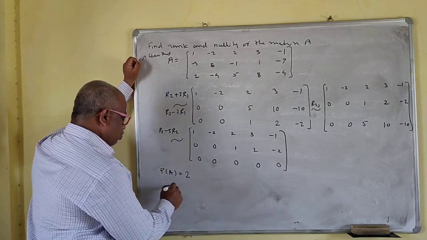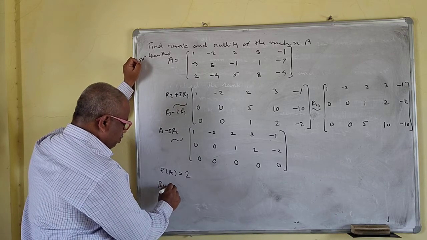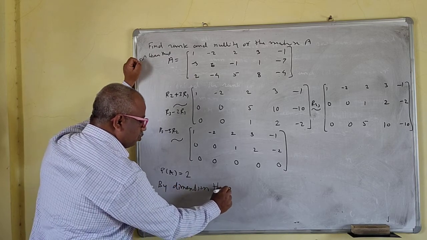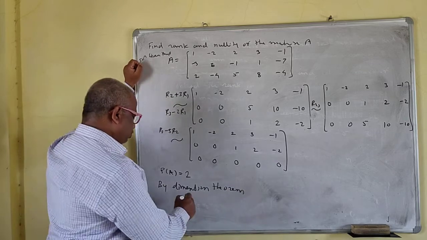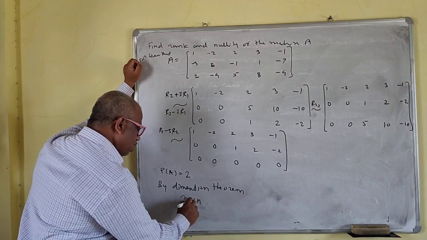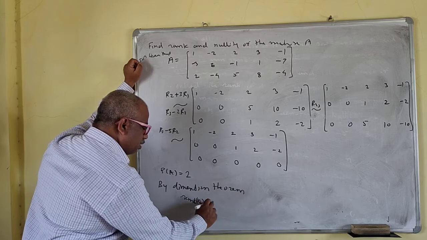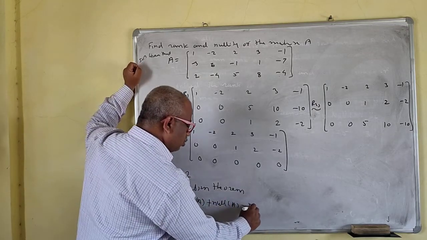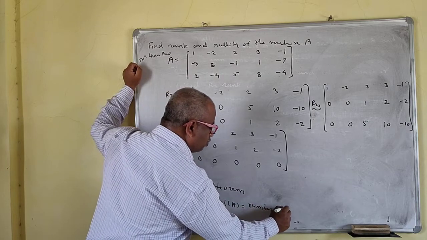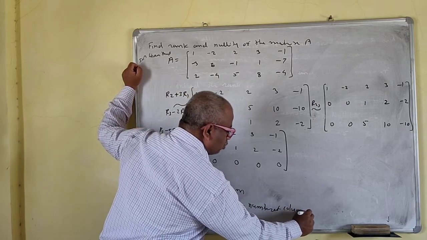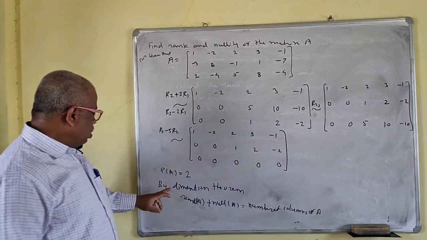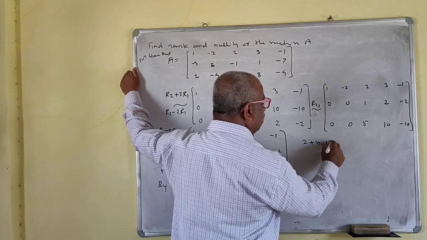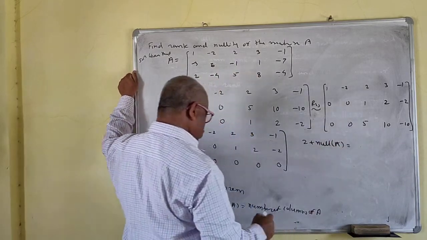Okay, so by the dimension theorem, rank of A plus nullity of A is equal to the number of columns of A. So your rank is 2, plus nullity of A is equal to the number of columns.